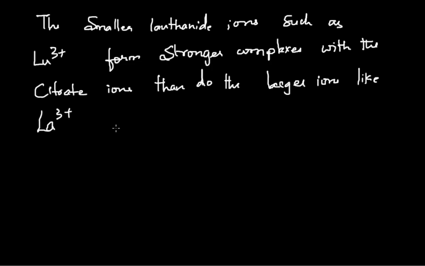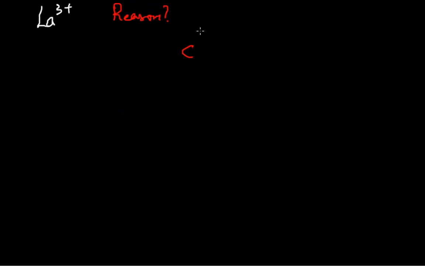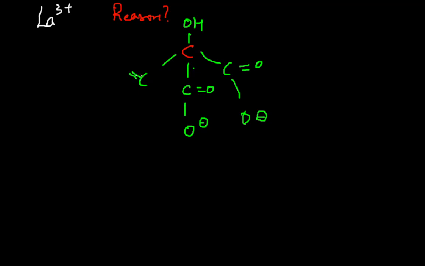What is the reason here? The reason is the shape and size of this citric acid. What is the citric acid structure? See, suppose your ion is very, very big.